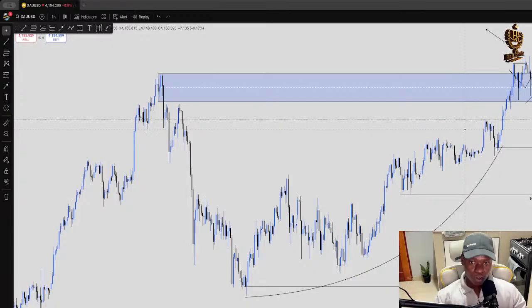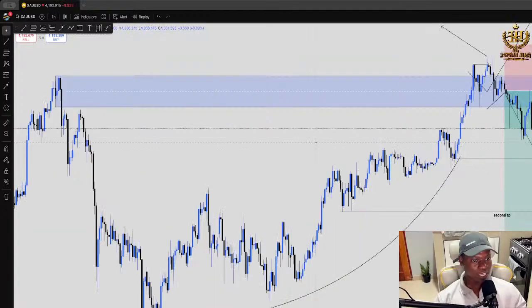So you need to wait for confirmations, wait for the candlestick to confirm your analysis. If it was someone else around here, they could have bought it, but I wanted to see another candlestick pushing up before I could say I'll be buying gold.